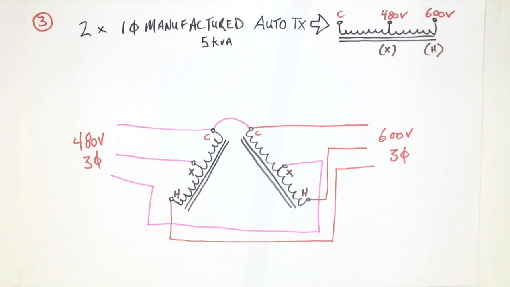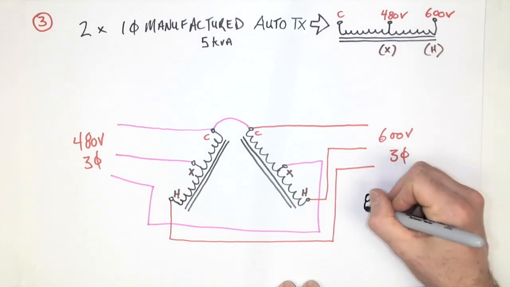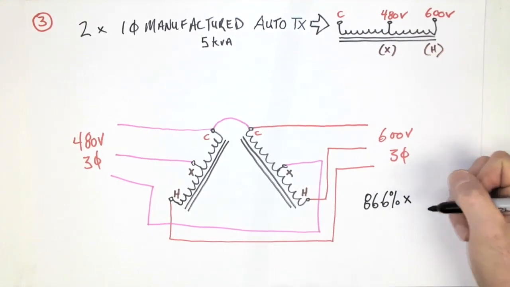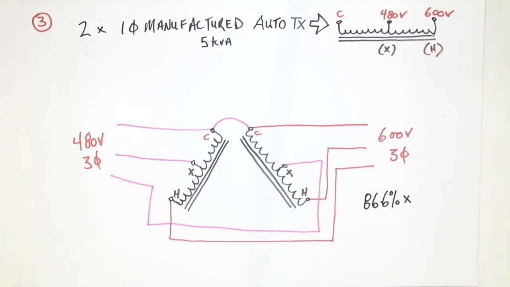Now, what would be the total kVA that we could supply here? Well, it is an open delta. And so open delta still means that we have those percentages that would be applied. We are going to have a total value that is going to be 86.6% of the two transformers that are present.